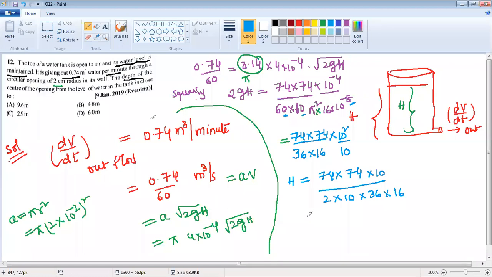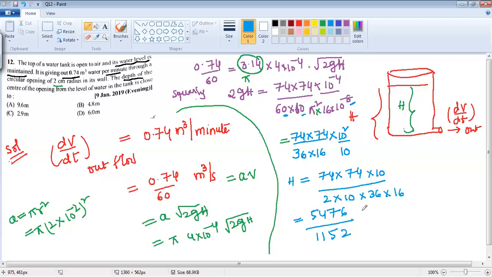9.6 something. Just look here: 74 into 74 is 5476. This equals 5476 by, this 10 is cancelled, now 2 into 16 is 32, 32 into 36, we will get 1152.